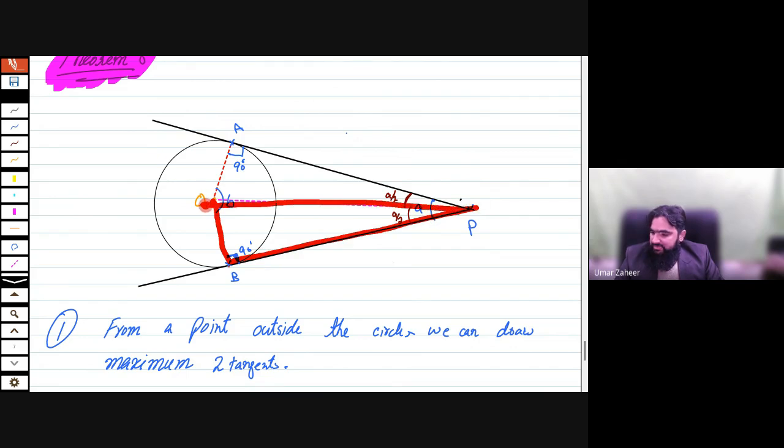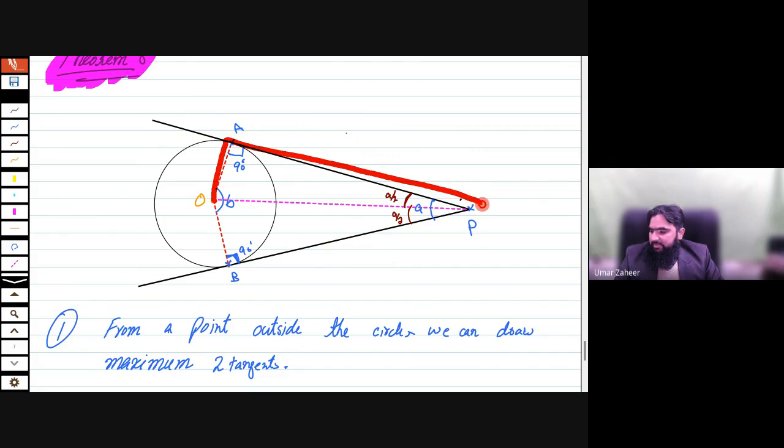You are getting two triangles, OBP and OAP. And these two triangles are congruent, means exactly equal. Why? Because OP is the same length, PA and PB are equal as well, and OB and OA are equal as well because they are radii. So these two triangles are exactly the same.